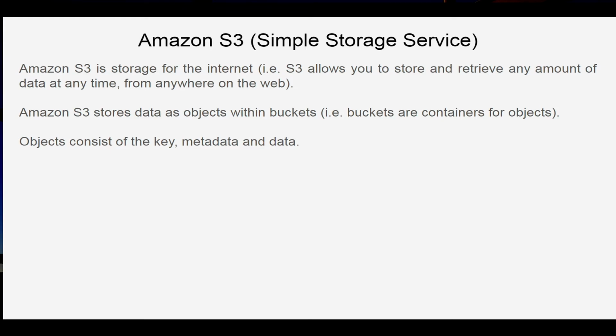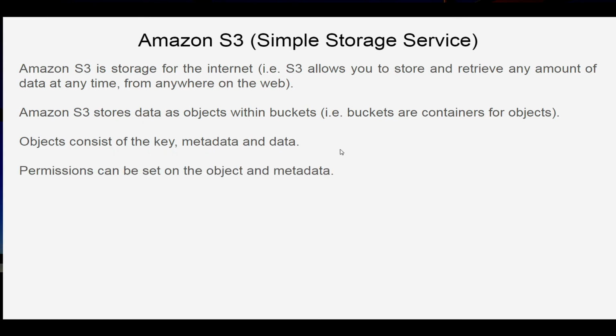Objects can also include access control information, which defines access to your objects. But those components are not very important right now. For now, you should understand that objects consist of the key, metadata, and data.